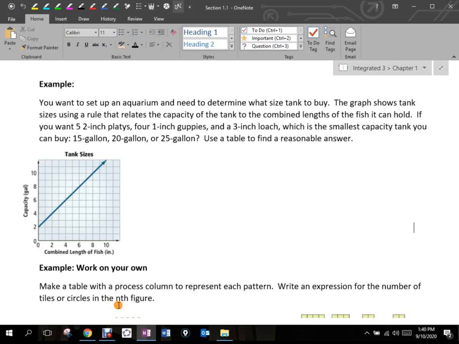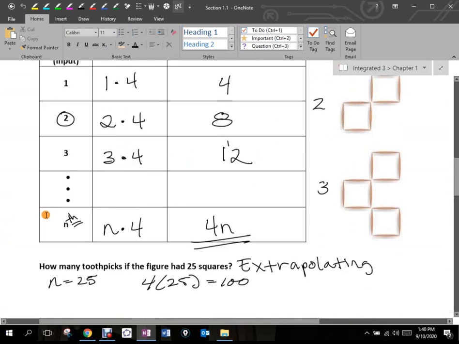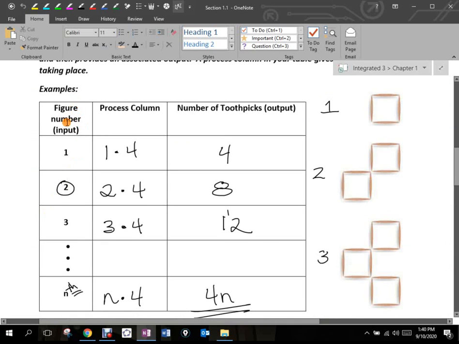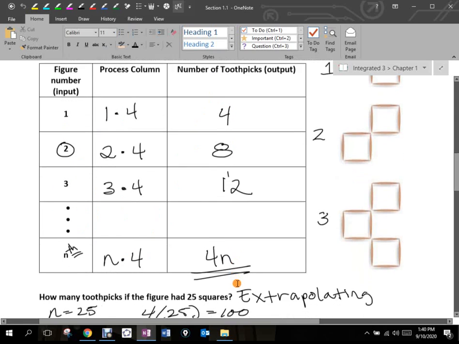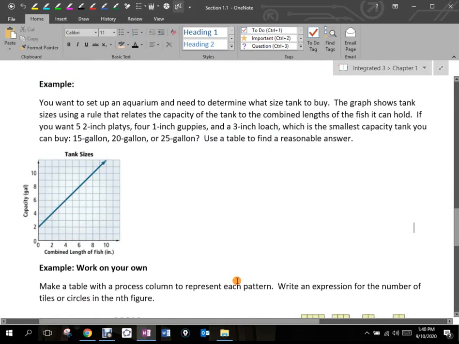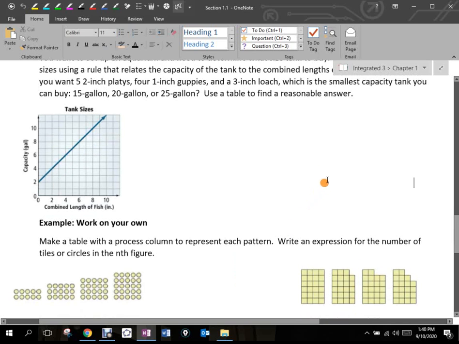So what I want to do here is figure out kind of like what we did up here, okay? We're going to talk about what our input is, and then we're going to have a process column and then an output, okay? So let's see here.